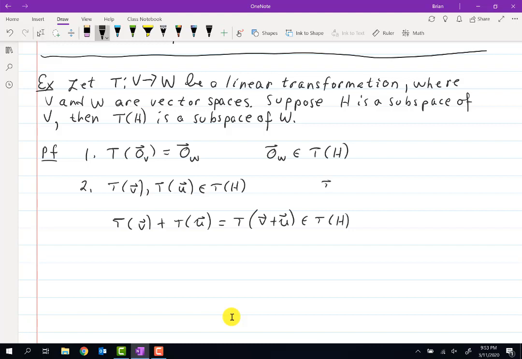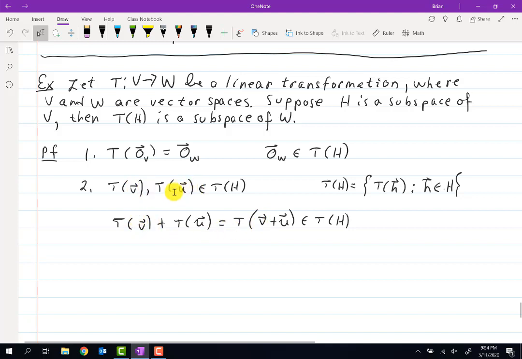T of H equals all of the images of the vectors in H. So that's the definition of it. So all I have to do is show that the item was mapped by T.